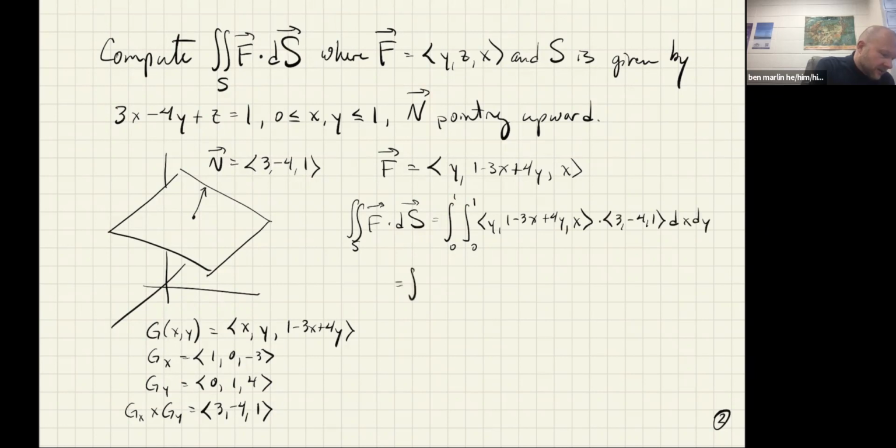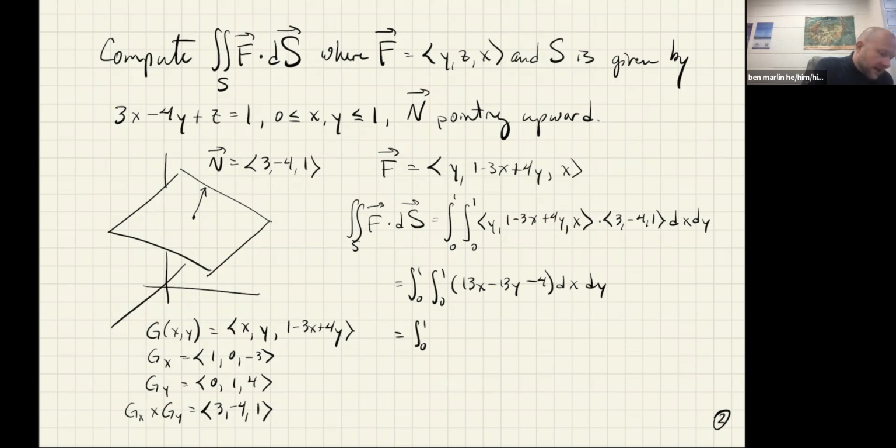So we're doing an integral 0 to 1, integral 0 to 1. And let me see what that dot product turns out to be. I think after you simplify it, it should turn into 13x minus 13y, and then minus 4 dx dy, or dy dx, whichever direction you want to do that in. And so we'll integrate there.